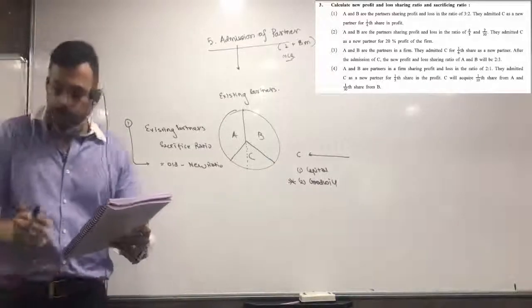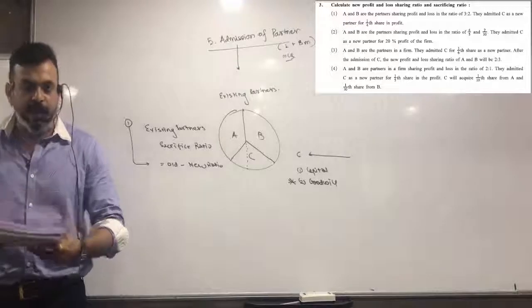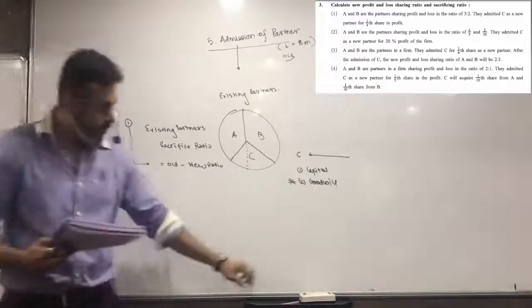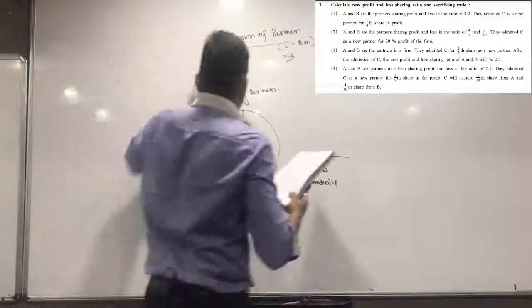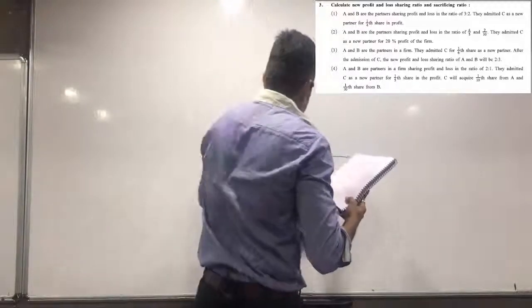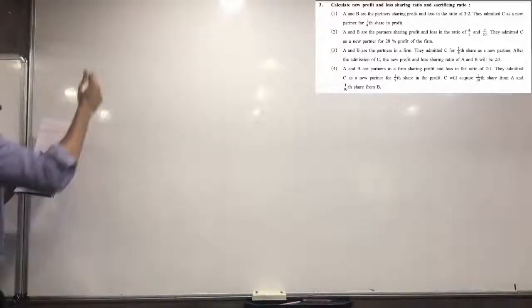Calculate new profit and loss sharing ratio and sacrifice ratio. Let's start with the first sum, question 3 first. Now, do it with me so that you understand the concept.